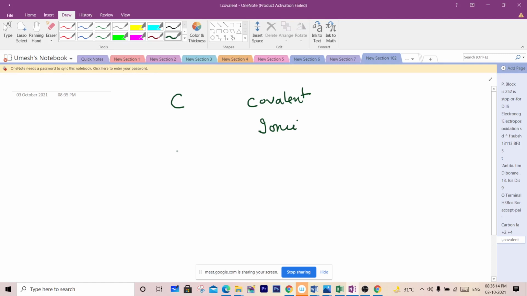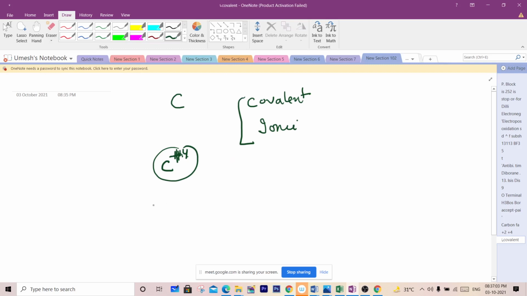Covalent. Carbon is forming the +4 state, which means a very small size particle.